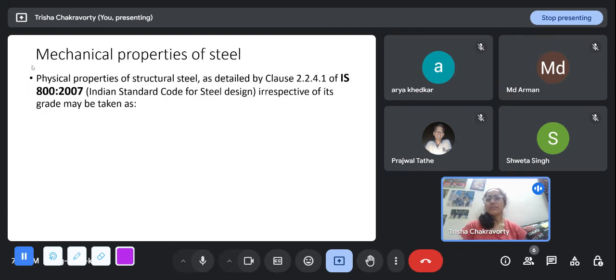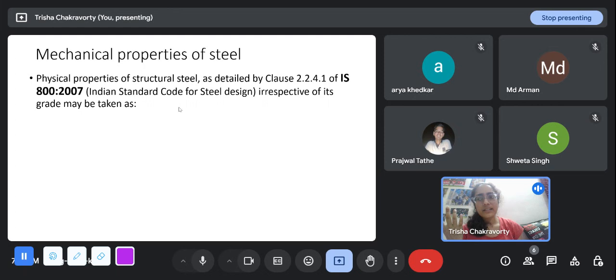Now we briefly go over the mechanical properties of steel that we discussed last class. The physical properties of structural steel are detailed by this clause of IS 800:2007, the Indian standard code for steel design, irrespective of its grade.